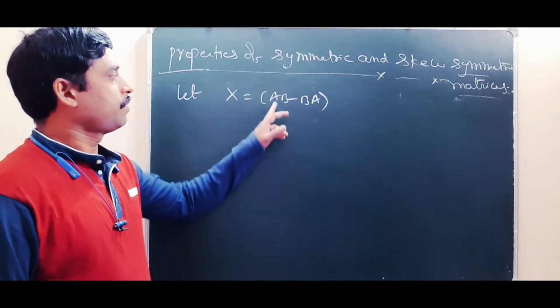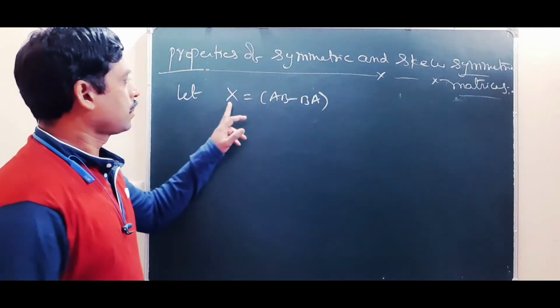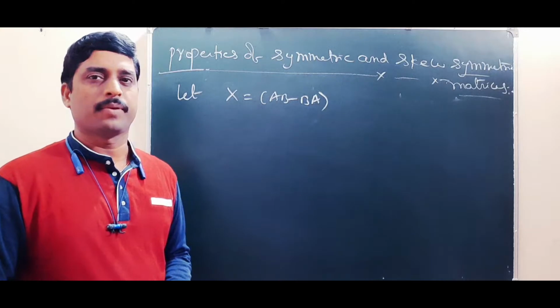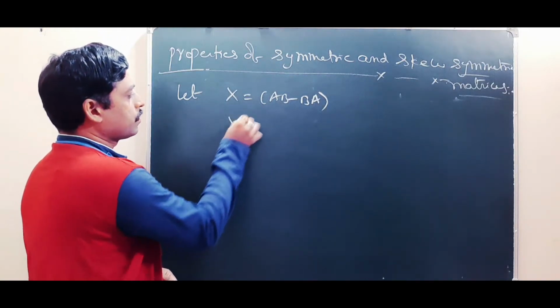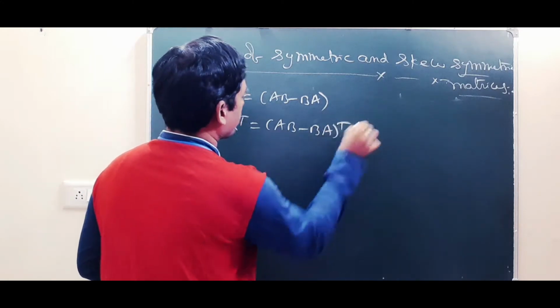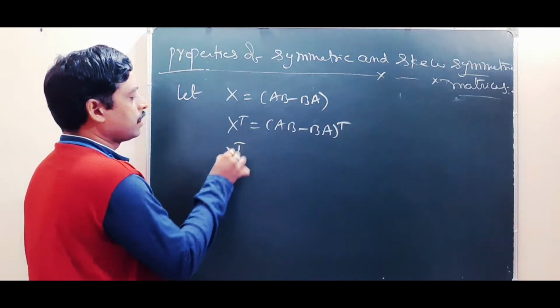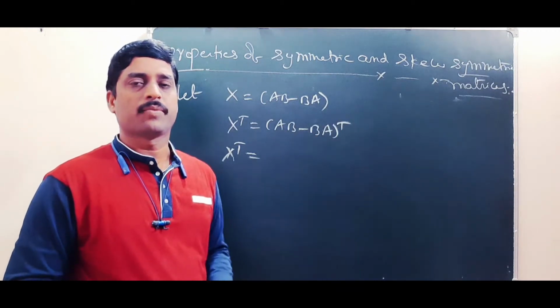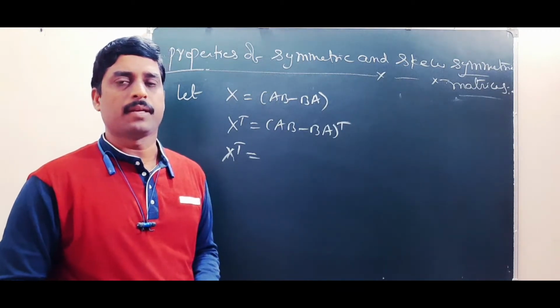Okay, now let us explain AB minus BA. Let us take X is equal to AB minus BA. Now taking transpose on both sides, transpose of X is equal to transpose of (AB minus BA). We have the formula (A minus B) whole transpose is A transpose minus B transpose.